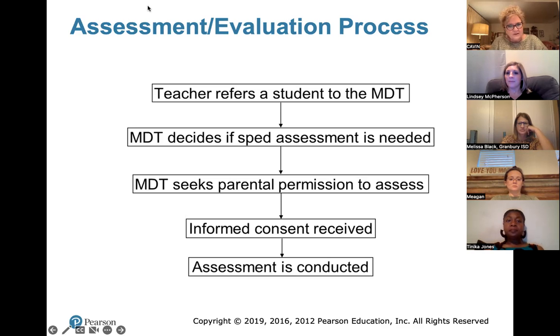And then his achievement was spotty. There was some down in the 60s, some in the 70s, some in the 80s. He had one area that spiked up in the 90s. But they found him to be LD in all academic areas.